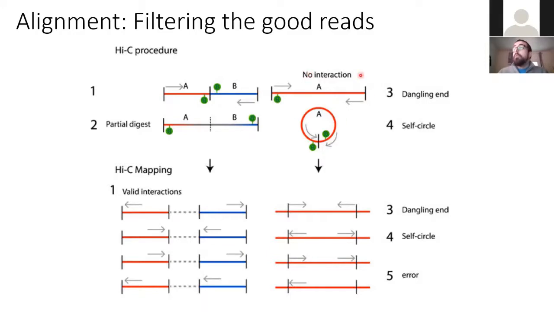If both of your reads are too close together, it's a bad read. It just means that it's not a recombination, it's your sequence itself. There are many things that can happen during the protocol to induce these biases, and the pipelines that analyze the Hi-C are going to remove those. So it's only going to keep the good reads.